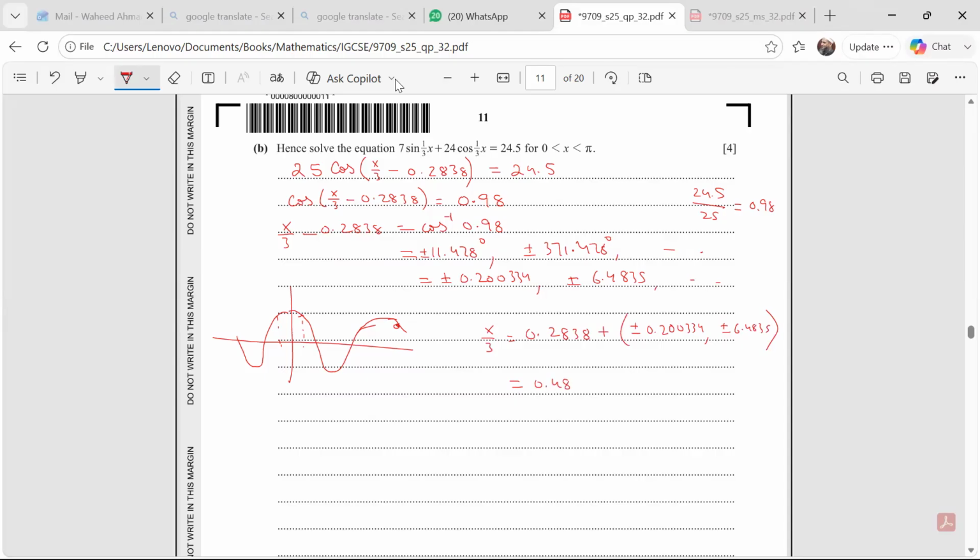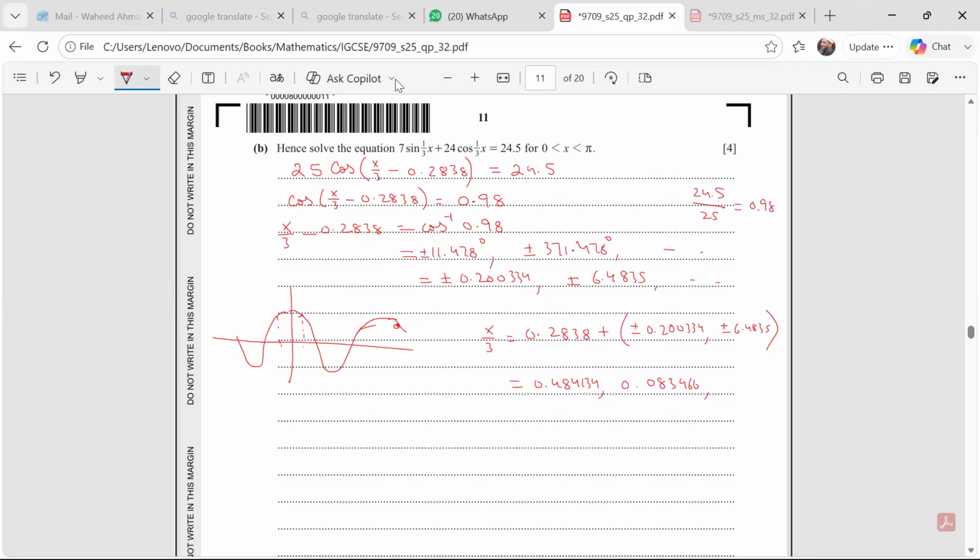Okay, so by adding this thing, I get the numbers 0.484134, and by this and negative one, I get 0.083466.